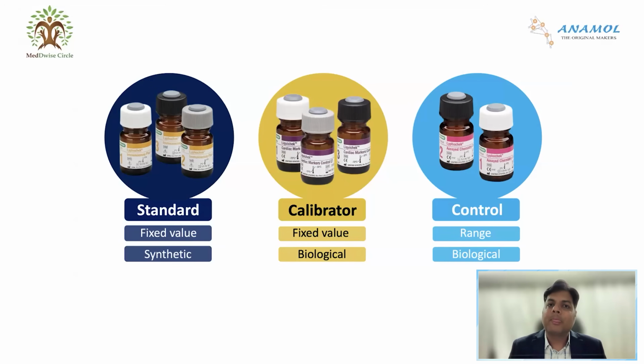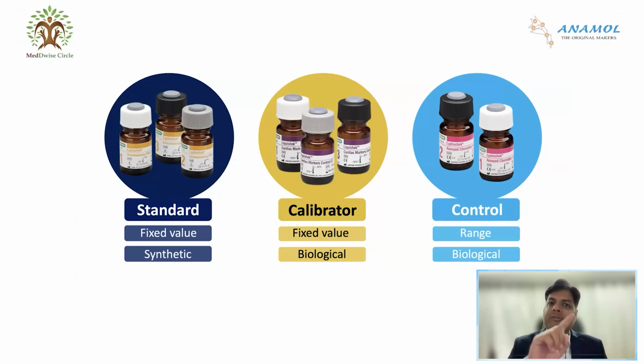For example, if we talk about calibrator, then the value of glucose in the calibrator is 115 milligram per deciliter. But the range of glucose in the control will be, say for example, 100 milligram per deciliter to 130 milligram per deciliter.